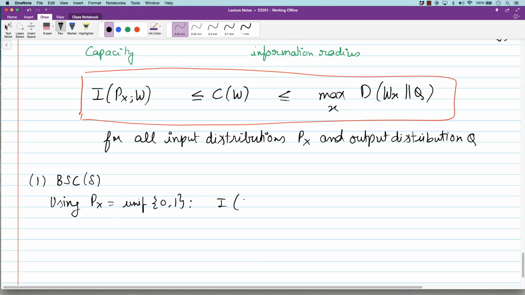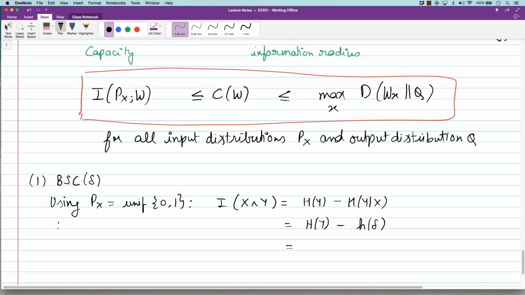For this input distribution, the mutual information between input X and output Y equals the entropy of Y minus the entropy of Y given X. Note that for each x, for the binary symmetric channel, the output has the same entropy. It's the binary entropy of delta. Also, when X is uniform, there's something to check.